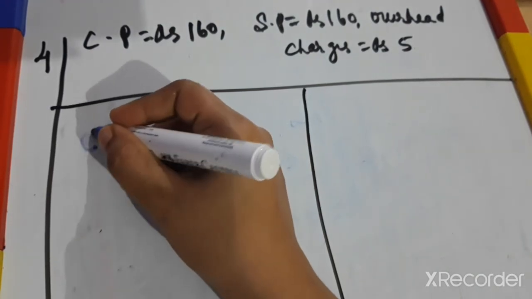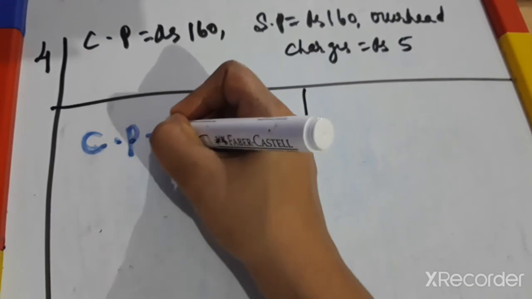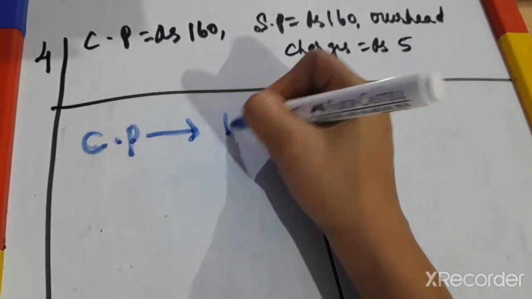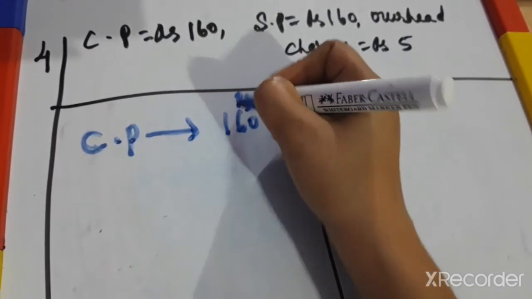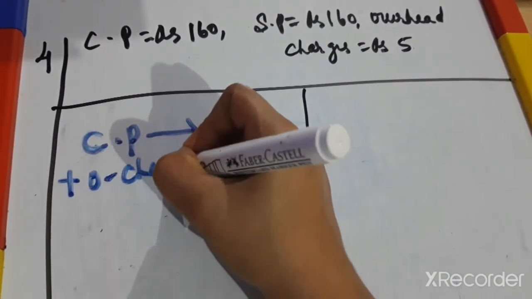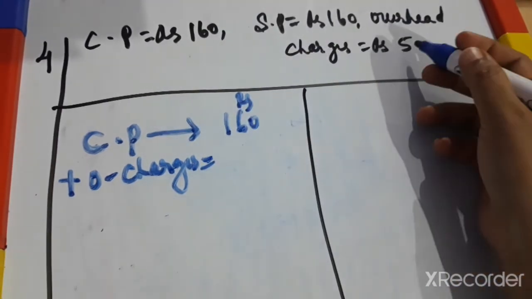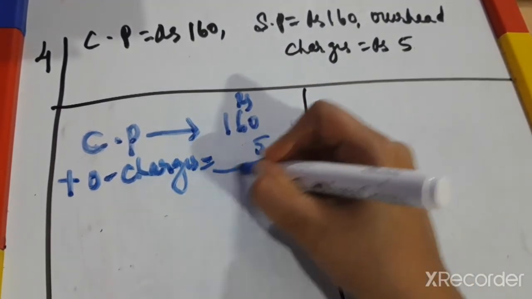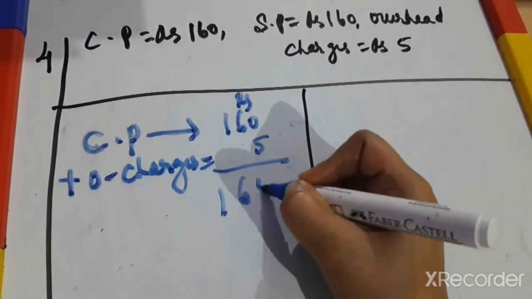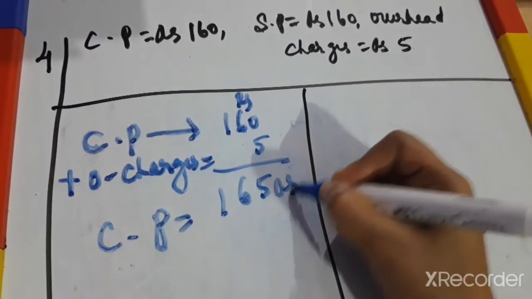So the cost price amount is 160 rupees, plus overhead charges 5 rupees. So the cost price is now 165 rupees. Total cost price is now 165 rupees.